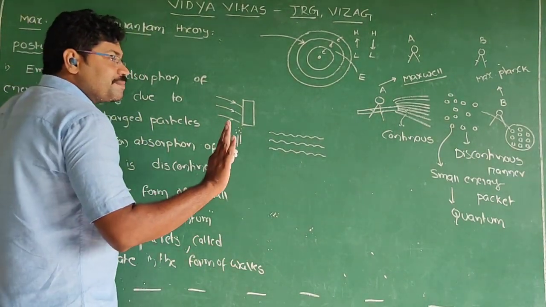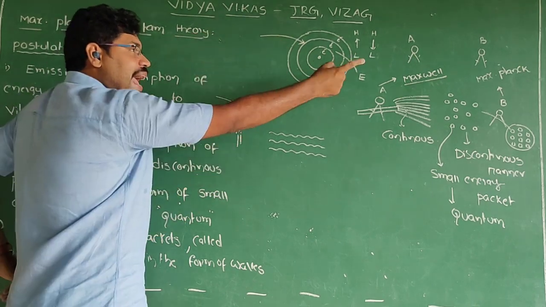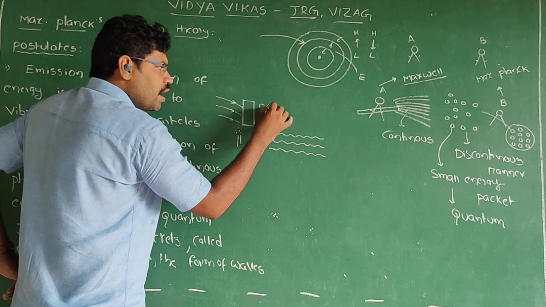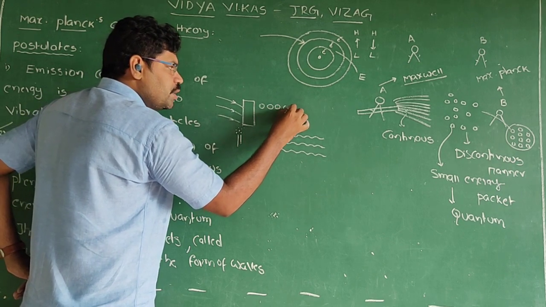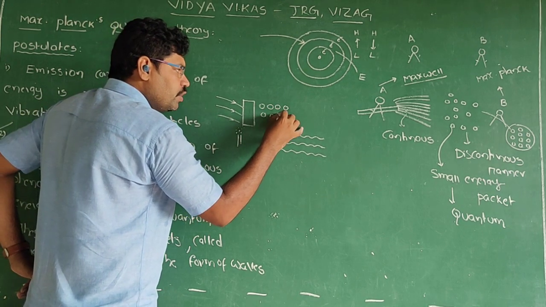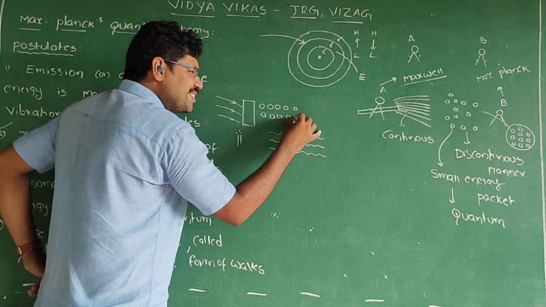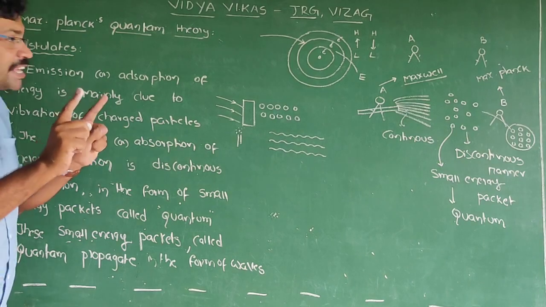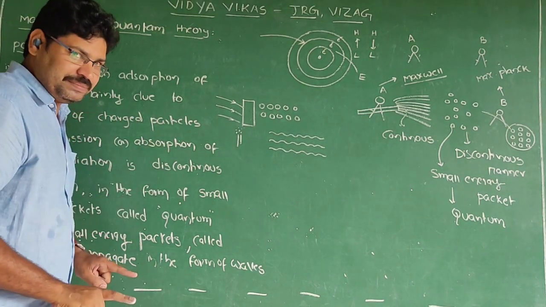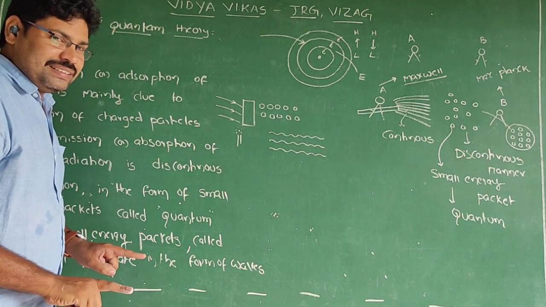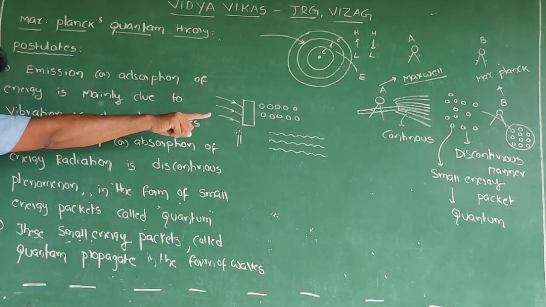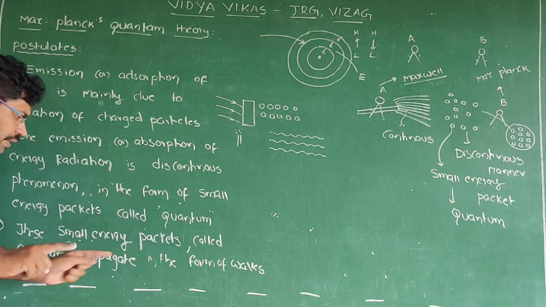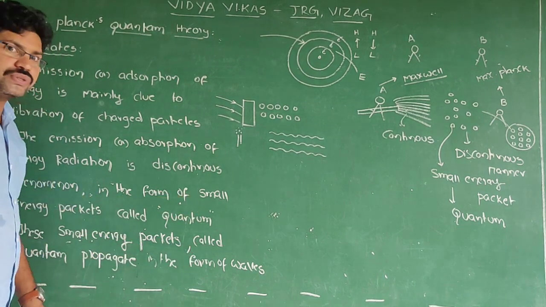But students, according to Mr. Max Planck, the emission takes place in the form of small energy packets. Just look at that. That is Planck's theory. But what Max Planck strictly says is that the emission of energy radiation takes place in the form of small energy packets, and moreover, they propagate in the form of waves.